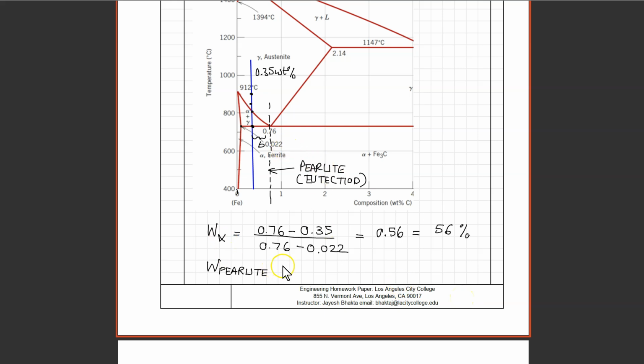Well, the weight percent of pearlite, we know that these two must add up to 100%. It's going to equal 100% minus 56%, which is 44%. Okay, so we've done that. Now let's look at the second problem.